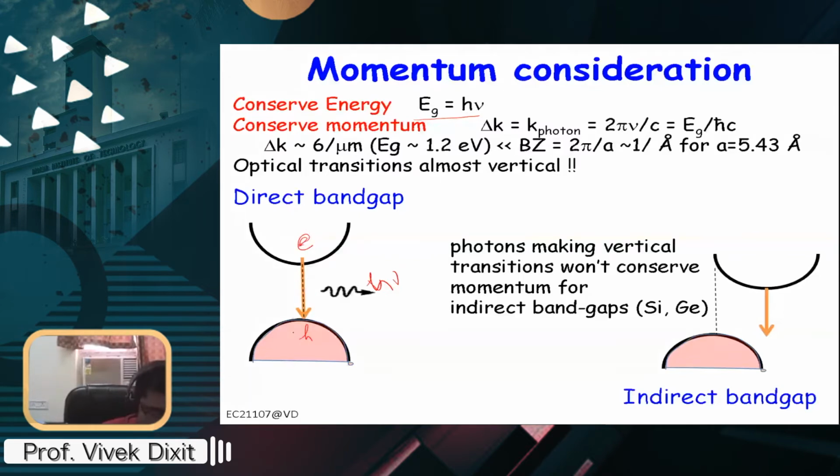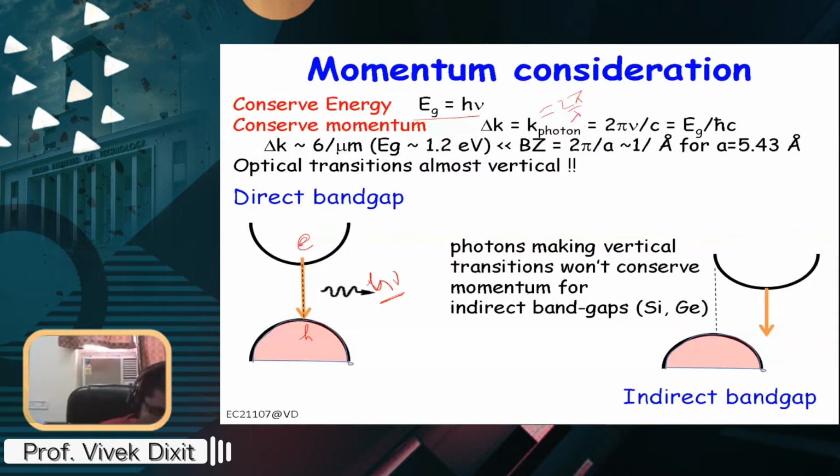If their wave vectors are different, then that momentum has to be taken care of by the photon. So let us analyze the momentum of the photon and the momentum in the lattice. For the photon, k is 2 pi by lambda.